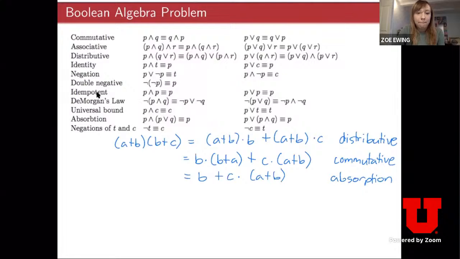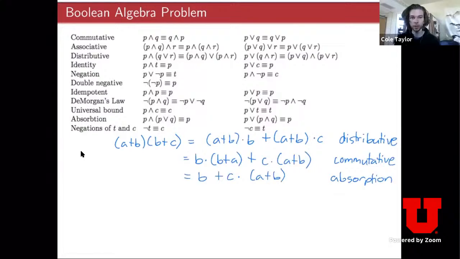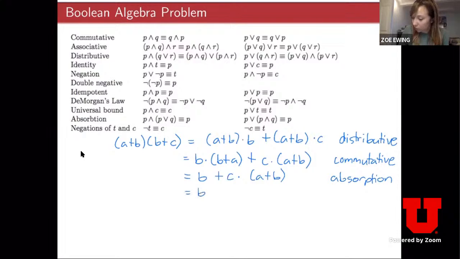Oh, would you use the distributive property there? Yes. So now we can see this is equal to B plus C times A plus C times B, which is from the distributive property.